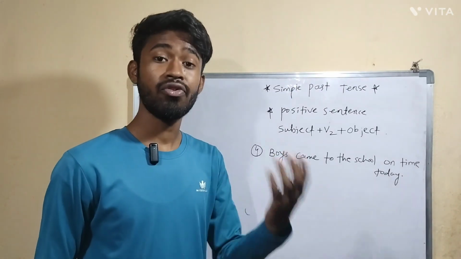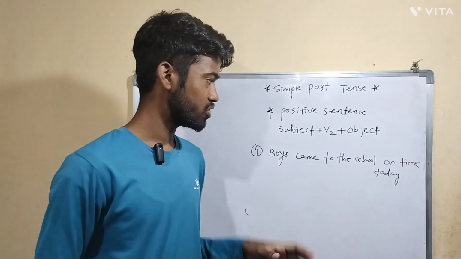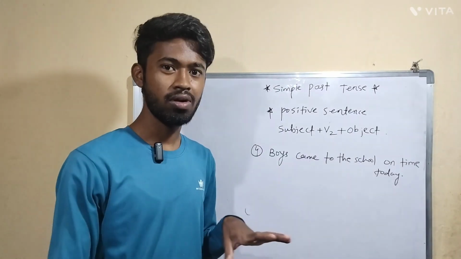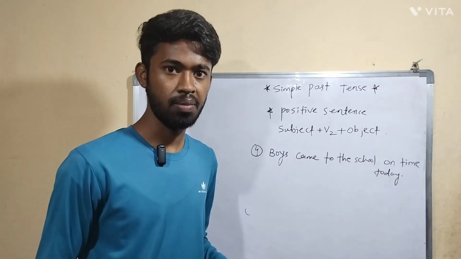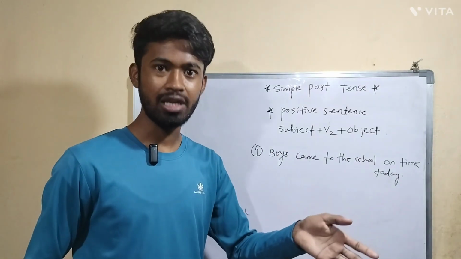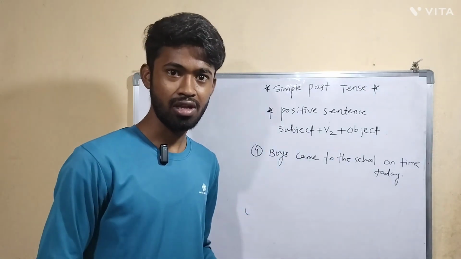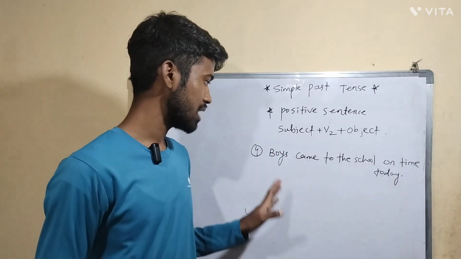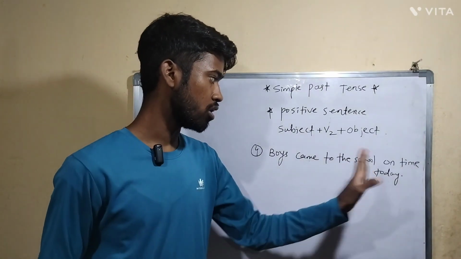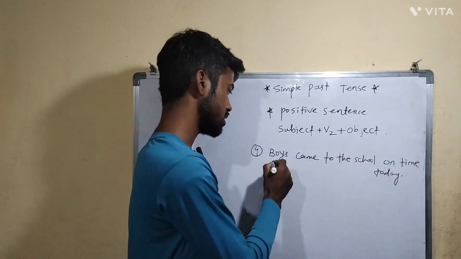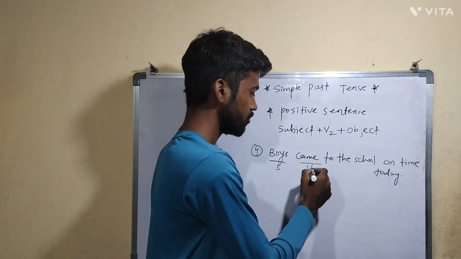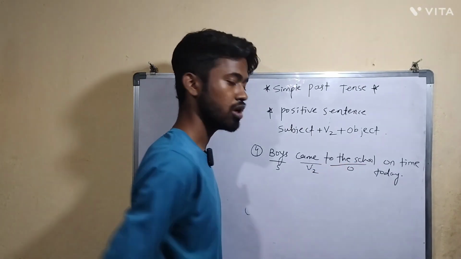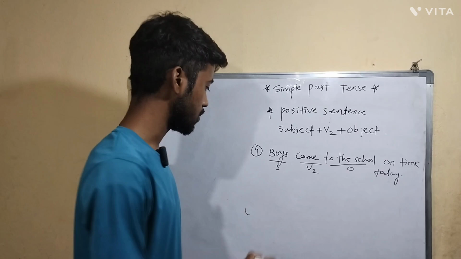So boys will come before the time. Every day you may go late, but when your program is there, you will not go late. So the example: boys came to the school on time. Here this is the subject, which is a plural subject, right? Came is the second form of come and this leftover part is the object. So this is one more example.